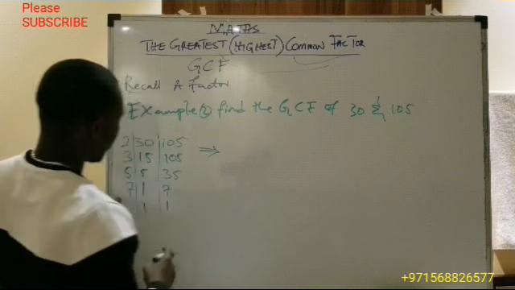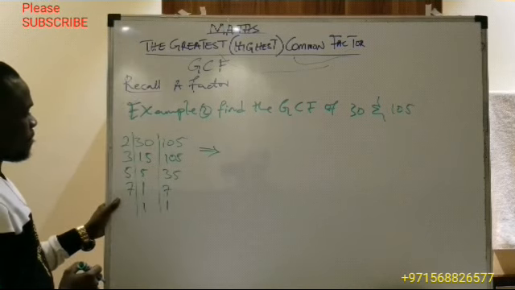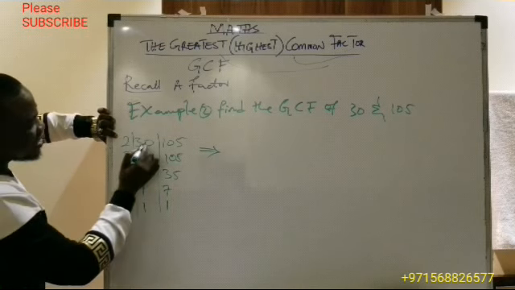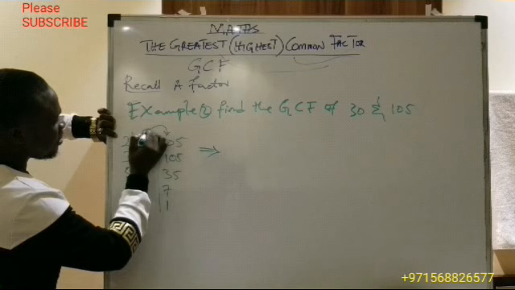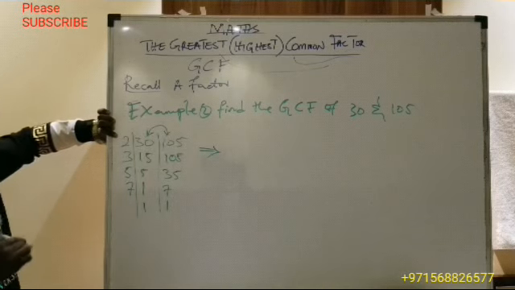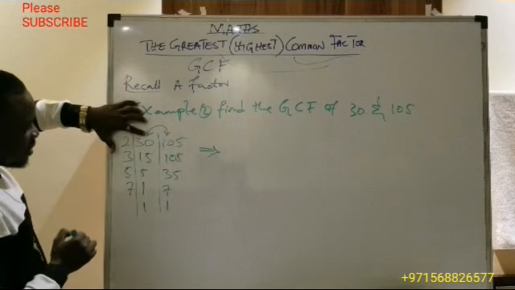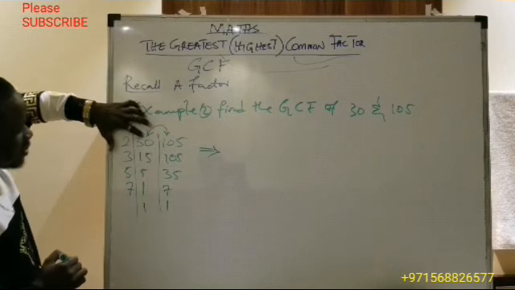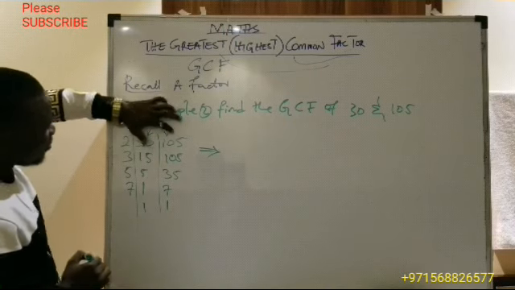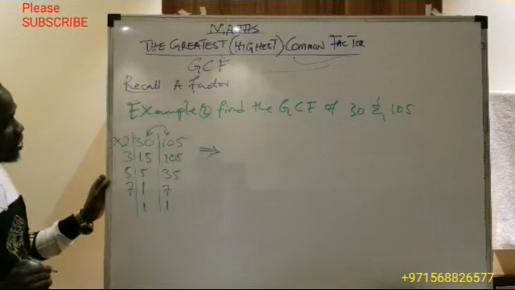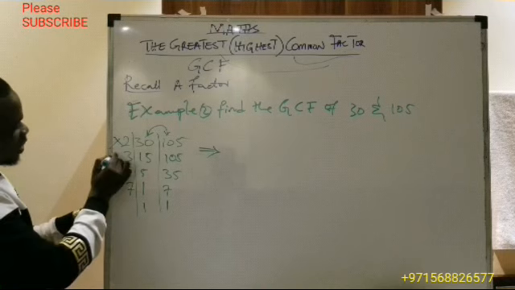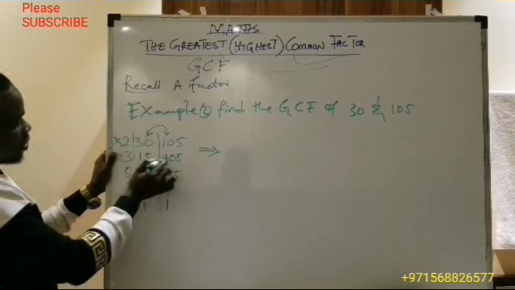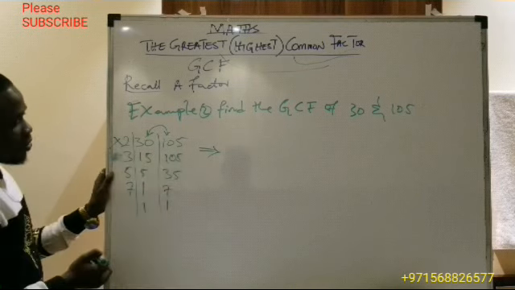This implies that we now take the ones that divide both numbers without remainder. 2 divided 30, but 2 did not divide 105. Therefore, 2 is not among. 3 divided 15 and also divided 105.